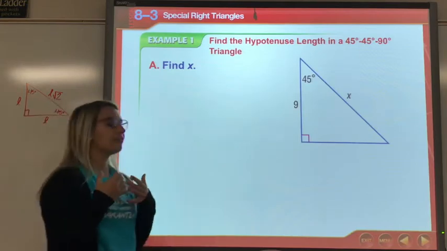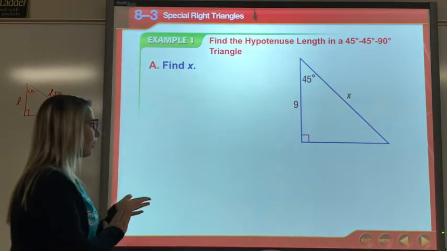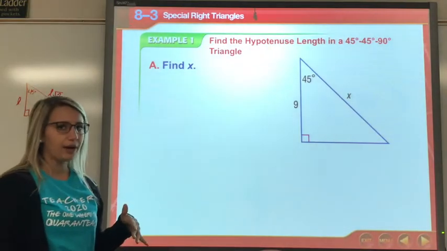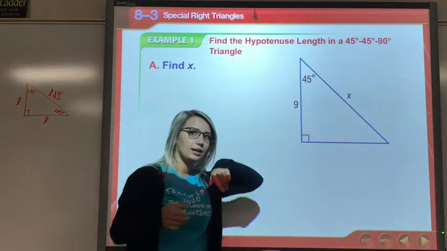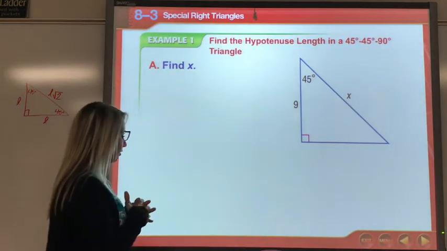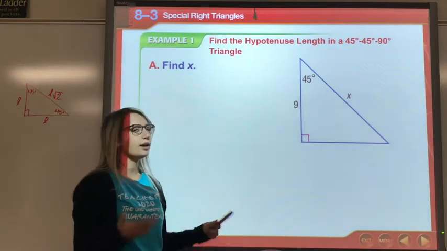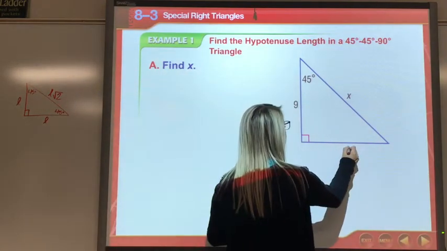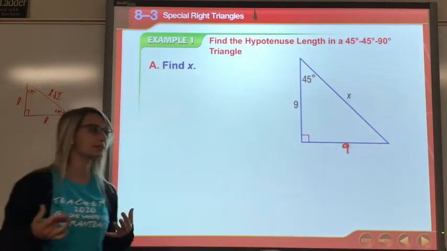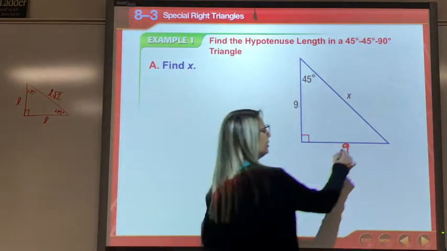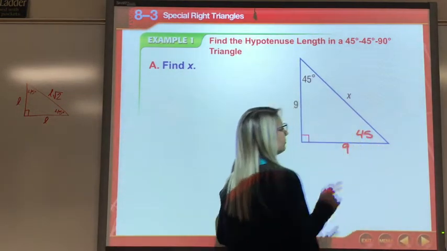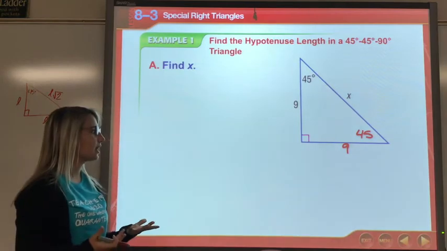Okay, so we have to find x. So x is the hypotenuse, and we're given the leg length. Well, to find the other leg length, we know that will also be 9, because it's a 45, 45, 90 triangle, so it's an isosceles.